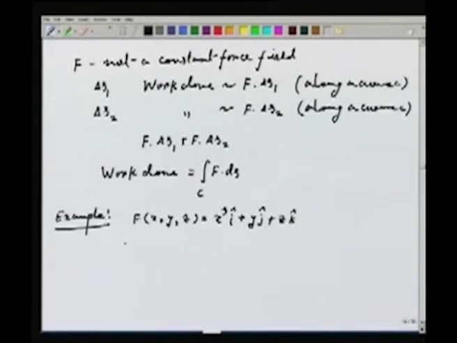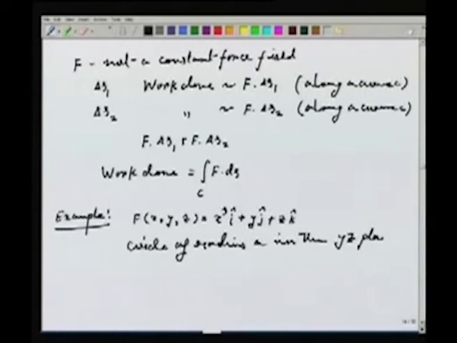And the curve which I give is the circle of radius a in the yz plane. So then I can write down the equation of the curve also. So this is C of theta, since it is in the yz plane, its first component is always 0, then a cosine theta, a sine theta, with 0 less than or equal to theta less than or equal to 2 pi.